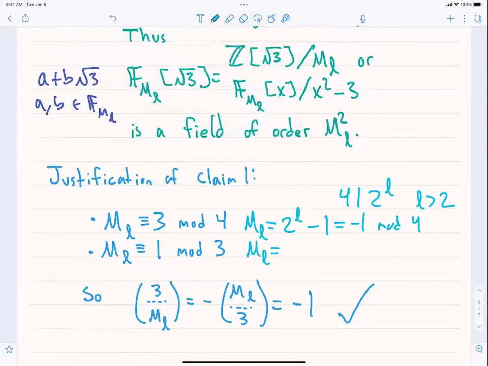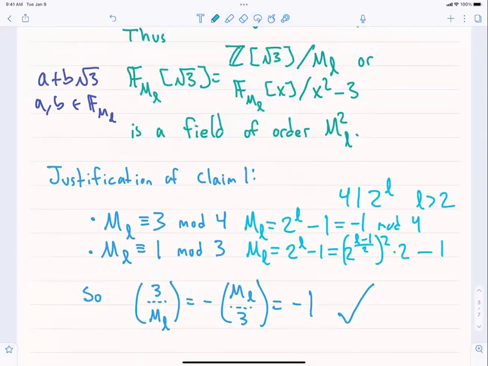Similarly, M_L is 2 to the L minus 1. If I'm computing mod 3, L is odd, so I can write 2 to the L minus 1 as 2 to the (L minus 1) over 2, squared, times 2, minus 1.